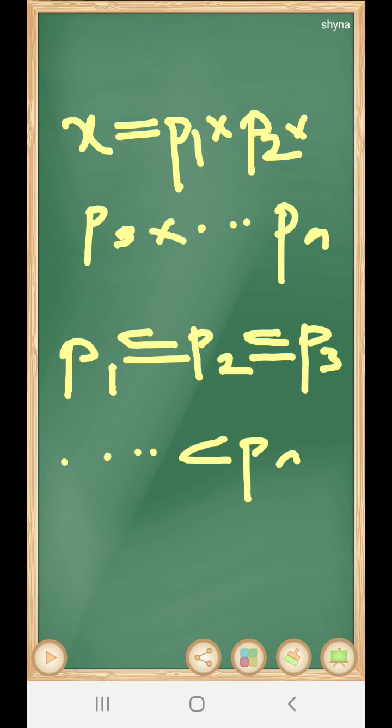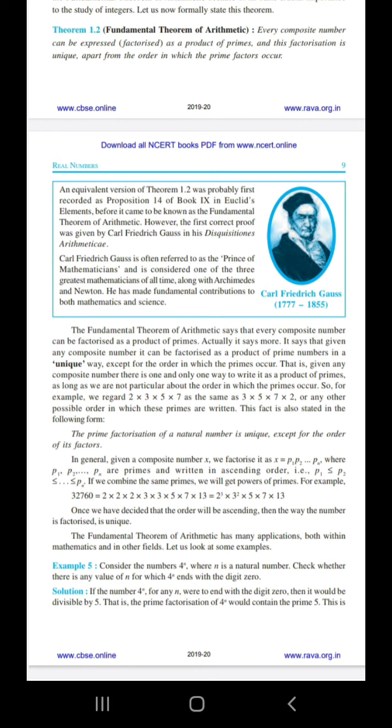Okay, you write x equal to p1 into p2 into p3 into etc. pn, where p1, p2, p3 etc. pn are primes and written in ascending order, that is p1 less than or equal to p2 less than or equal to p3 etc. less than or equal to pn.